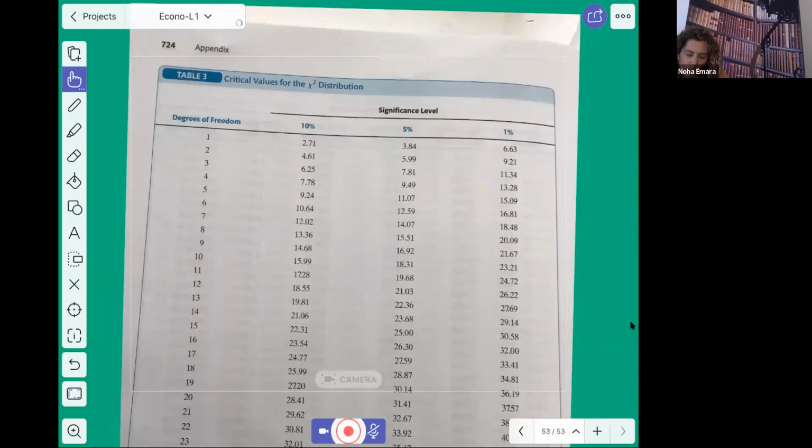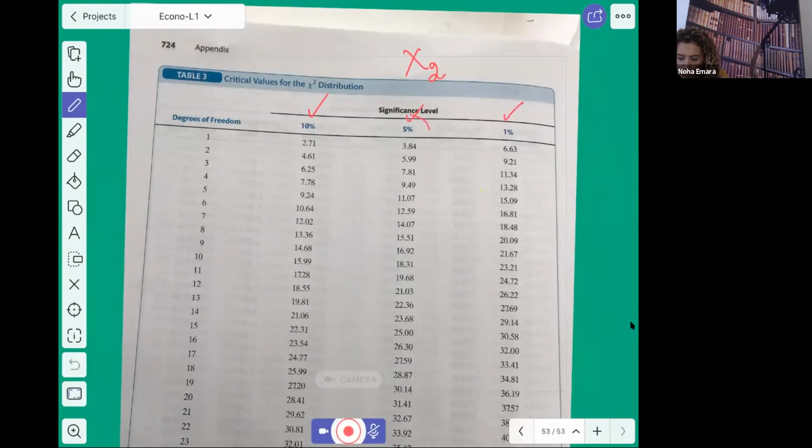How can I use this? It's making our life easy. We have 3 columns, 10%, 5%, 1% for the significance level. And remember the F statistic, we have 3 pages, not 3 columns, it's more detailed. So all I need to do is look for the critical value for the chi-square with 2 degrees of freedom, assuming that I have only 2 x's. It's up to you to choose which significance level.